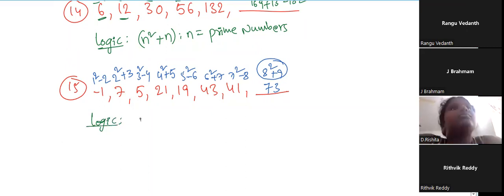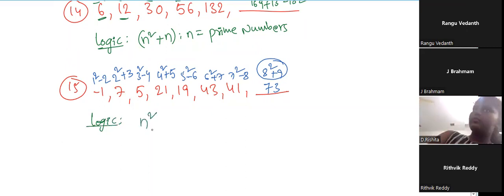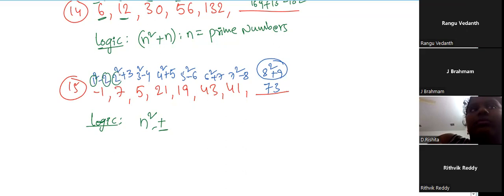Logic is, can I write the logic as n square plus or minus something? How much can we write? Plus or minus 2. If this is 1, it is 2. If this is 2, it is 3. If this is 3, it is 4. If this is n, it should be n plus 1.